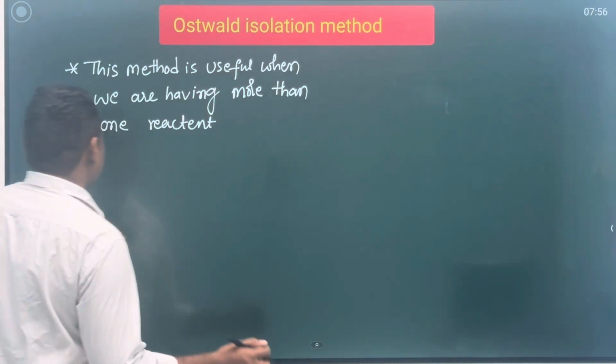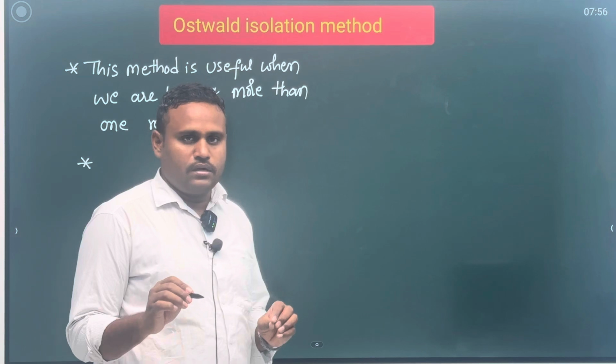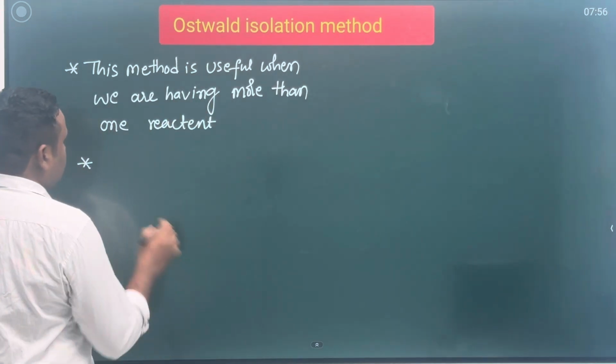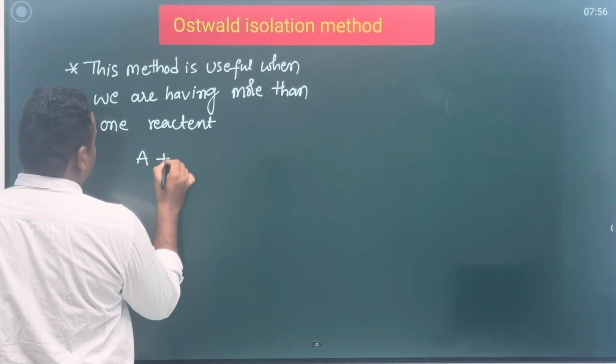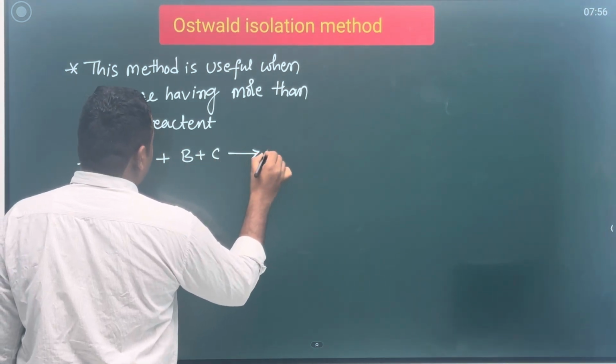Okay, so in this method, how are we going to find the order of reaction? Children, let us take one example: A plus B plus C gives rise to product.